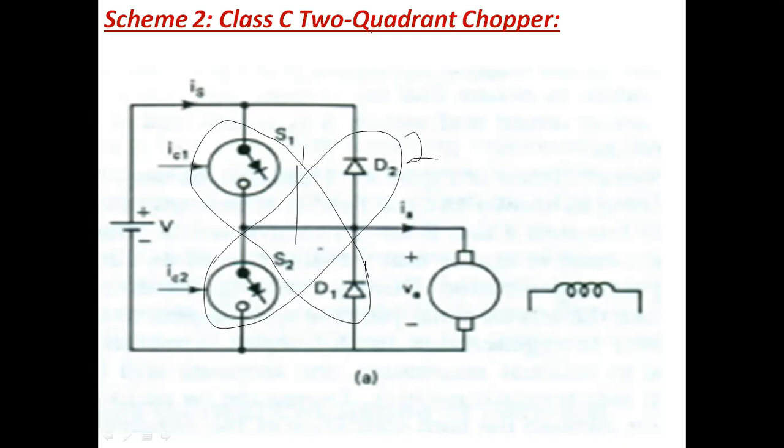Consider the chopping period T. S1 is kept on for a duration of delta T, from 0 to delta T, and S2 is put on for the period from delta T to T. To avoid a direct short circuit across the source, we should take care that S1 and S2 do not conduct at the same time.